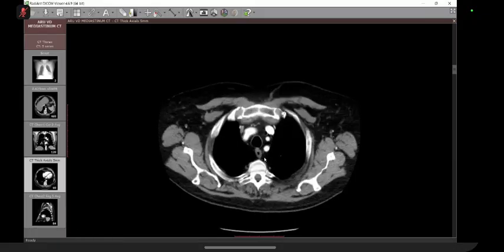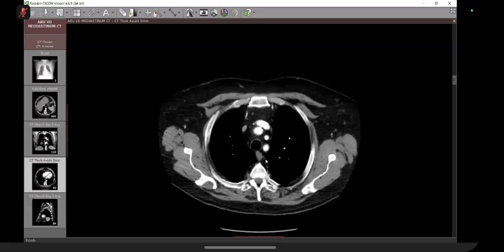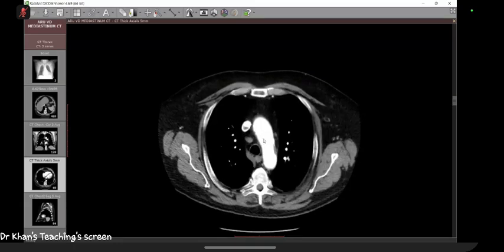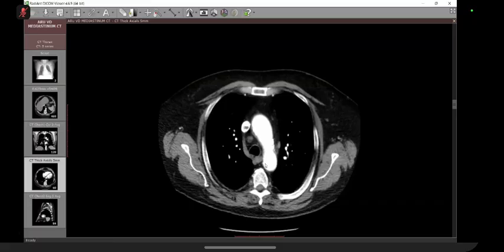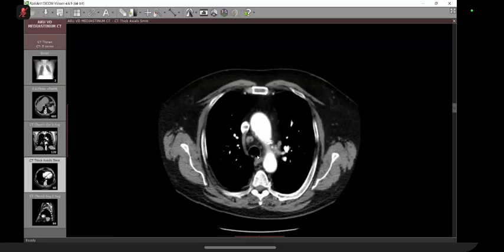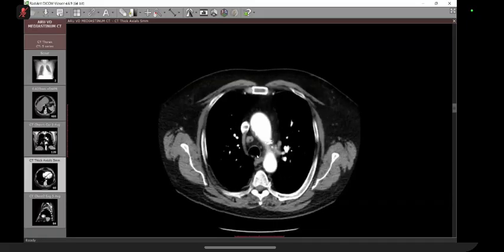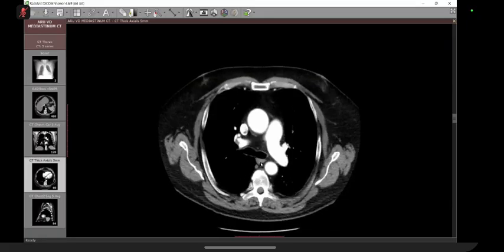Now, just concentrate here. As we are going down, we are going into the mediastinum. This is the trachea. Please keep looking at the trachea and the esophagus. This is the arch of the aorta. Now the trachea is going to divide into right and left main bronchus. You see this? Carina. Now, this is the esophagus.